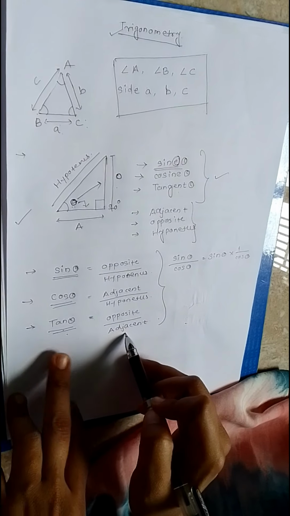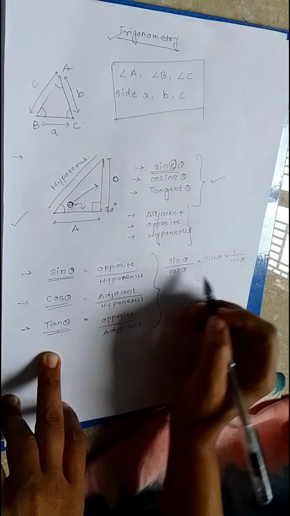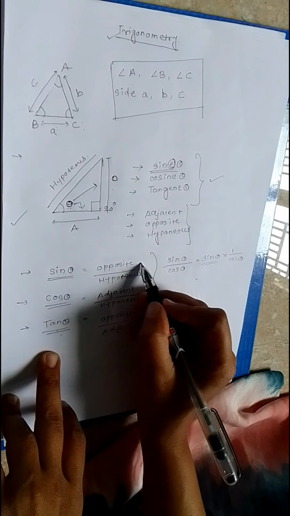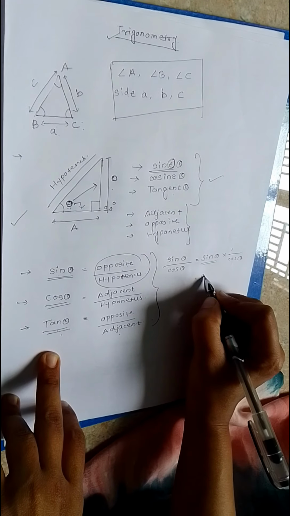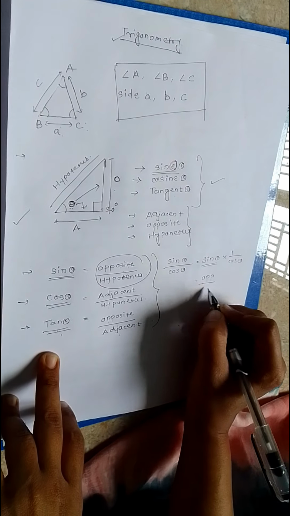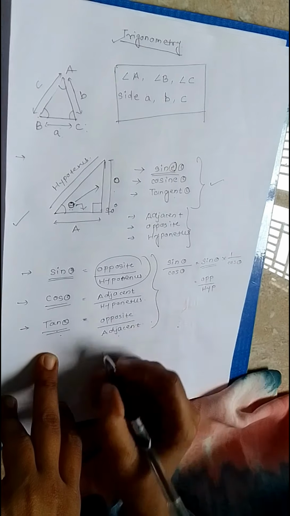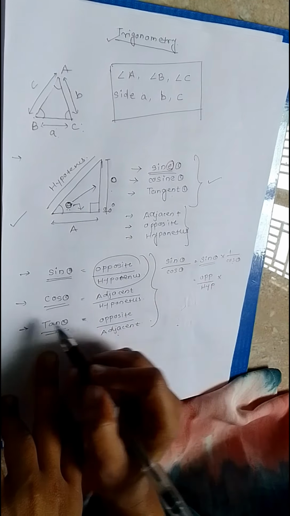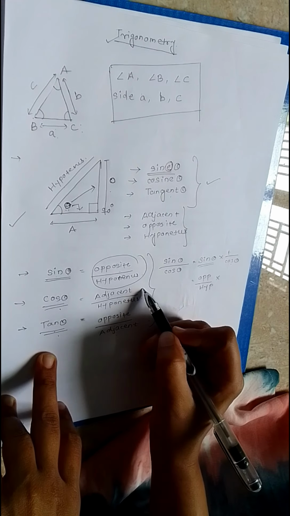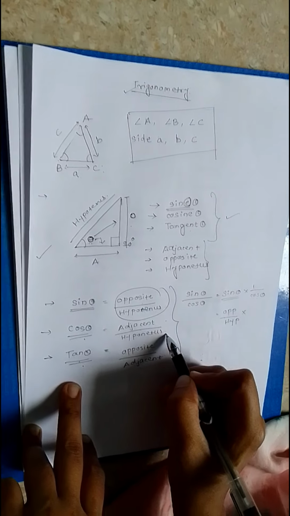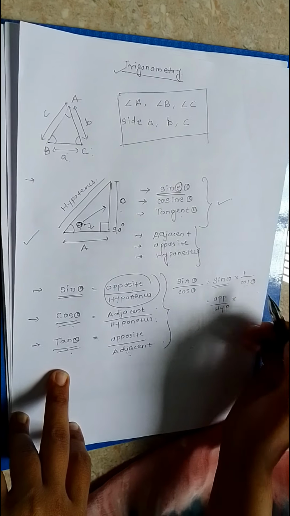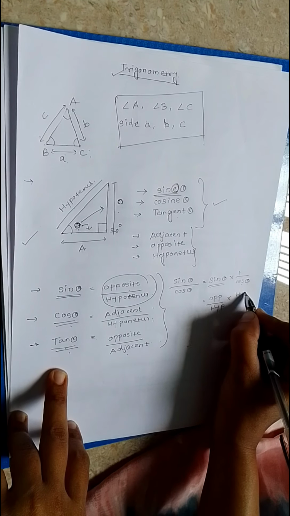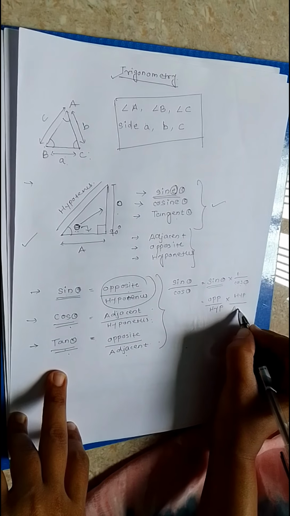In this formula, we put the value of sine theta, that is opposite upon hypotenuse, and the reciprocal of cos theta. What is cos theta? Adjacent divided by hypotenuse. So the reciprocal of cos theta is hypotenuse divided by adjacent.